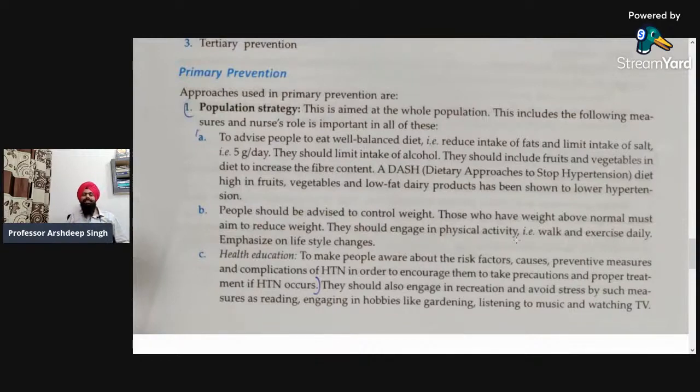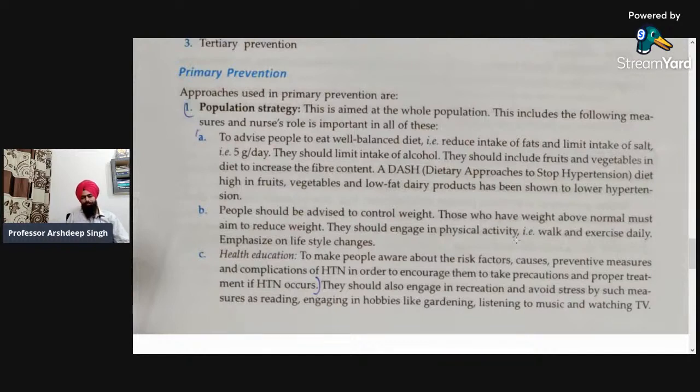If we are eating a well balanced diet in which the salt is in the appropriate amount, and the micro and macronutrients, each and every nutrient, is present in the proper amount required by our body in a normal range, that will prevent our body from the condition of hypertension.